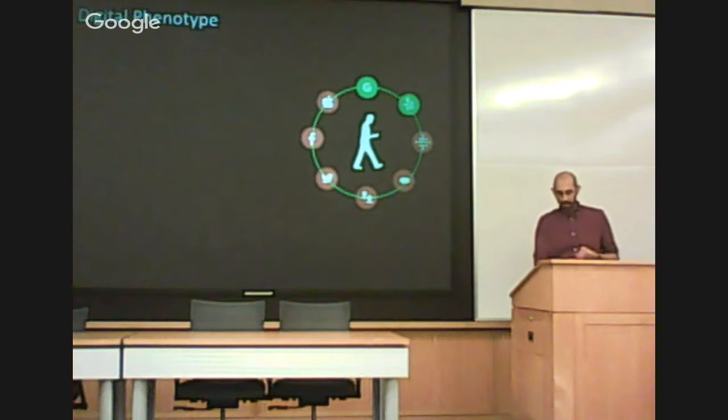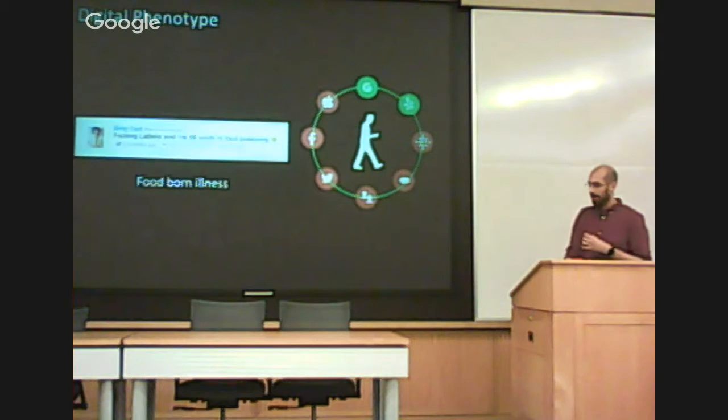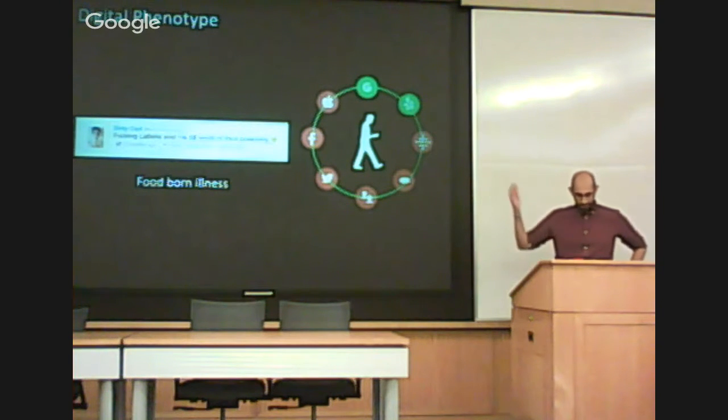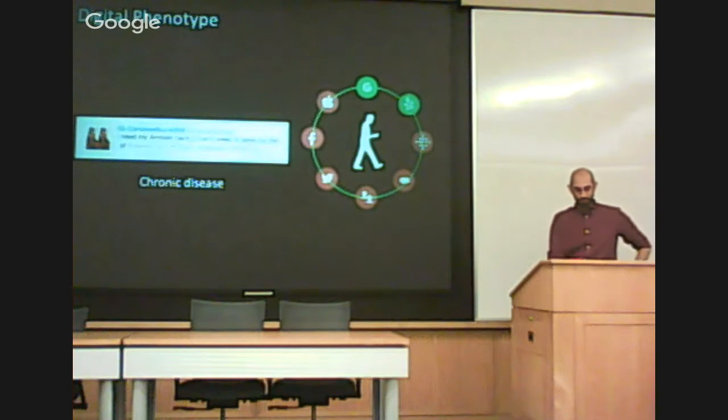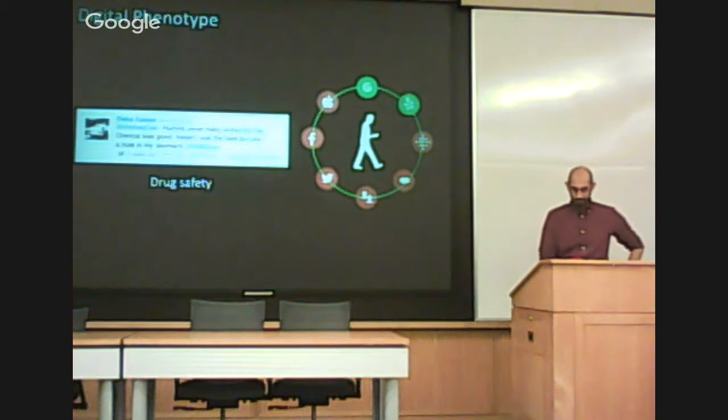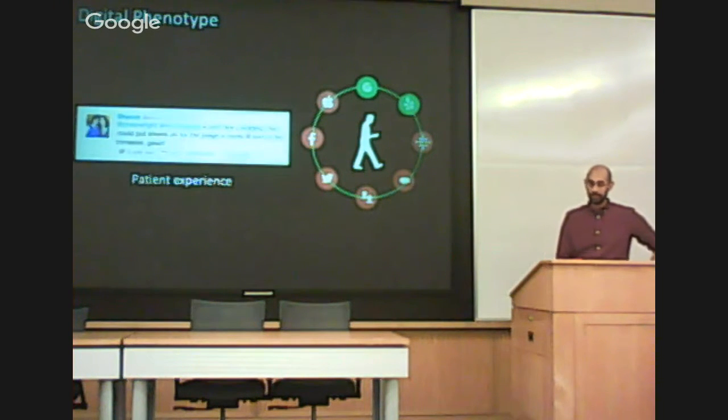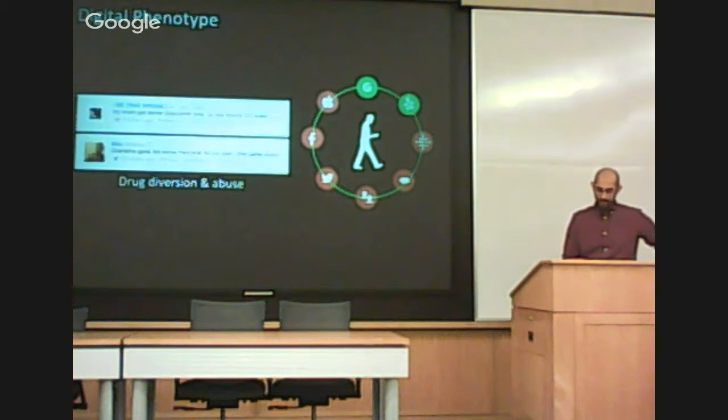So using digital phenotypes, we can capture information on acute illnesses, for example foodborne illness, which I'll talk about in a moment. We can look at chronic disease. We can investigate health-related issues such as drug safety, patient experience, and even drug diversion and abuse. And these are just a few examples.